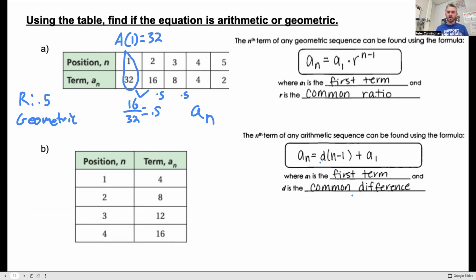I go down to my terms here, or sorry, my sequence up here, and I would say, okay, my a of 1 term. Don't write a of 1. Write what the first term is. The first term is 32. Don't write r. Write what the rate is. I'd say put it in parentheses, 0.5. And then n minus 1. That just stays n minus 1 the whole time.